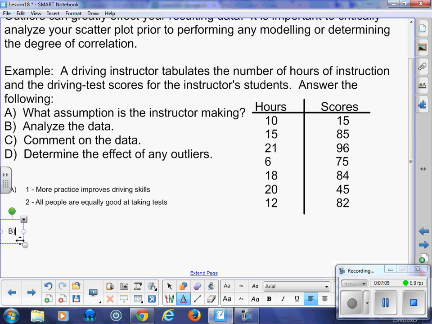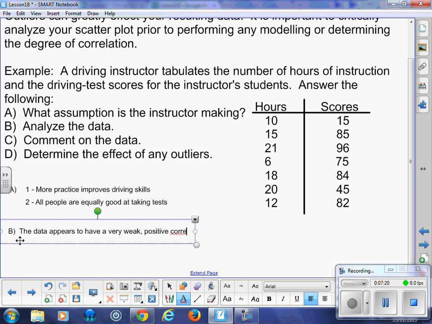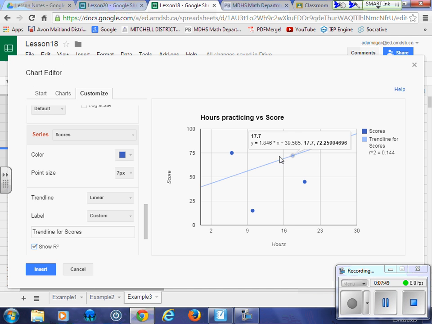So for B, the data appears to have a very weak positive correlation where the R value is equal to, so if it's 0.144, remember you have to take the square root, turns out to be 0.37, so not a very good, I mean, it falls into the moderate, but I think it's still a little bit on the weak side. All right, so that's what it looks like at this point.